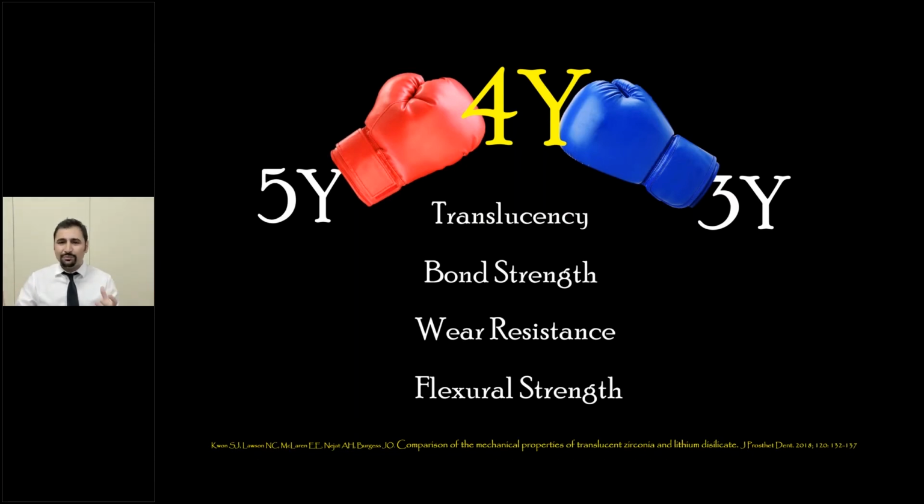So I believe that 4Y is kind of a sweet spot in between 3Y and 5Y, because it has adequate translucency, at the same time it doesn't lose that much of the strength, which is very crucial for us in the clinic to have long-term longevity of our prosthesis. We don't want it to break. So 4Y falls into a very sweet spot in that term.